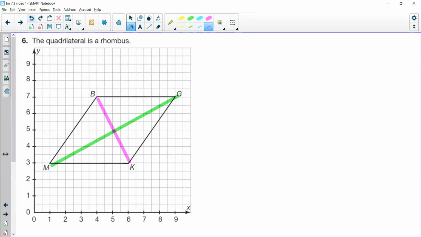So that one will look like that. And you can count the blocks on this one to figure out the lengths of those sides. And I'll leave the rest of that for you to do.